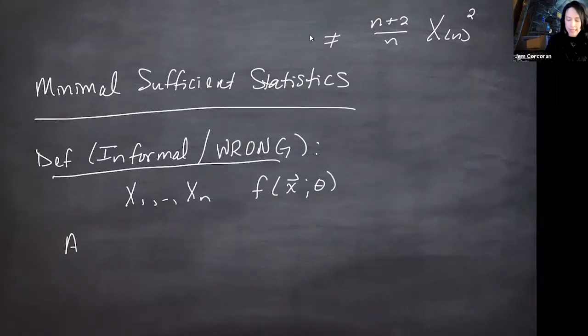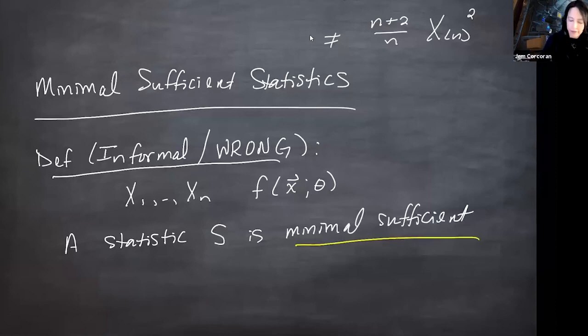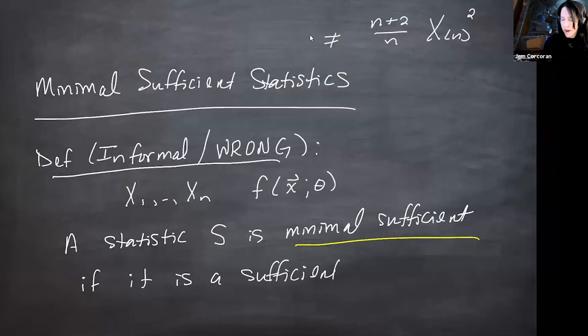And a statistic S is minimal sufficient if it is a sufficient statistic of lowest dimension. And this is not right, and I'll tell you why. But it's kind of the idea.